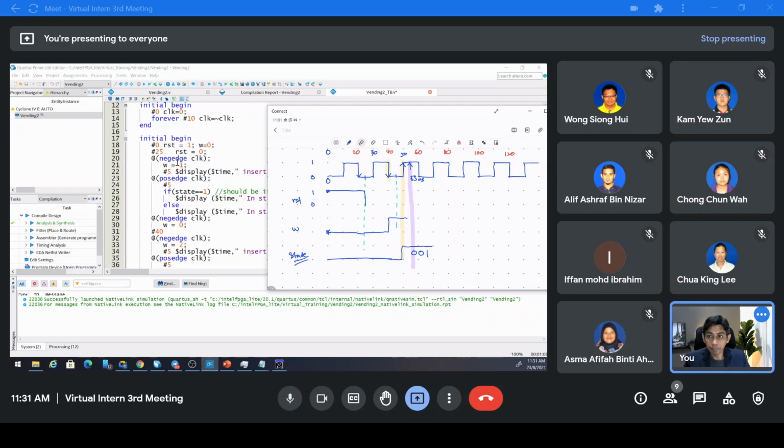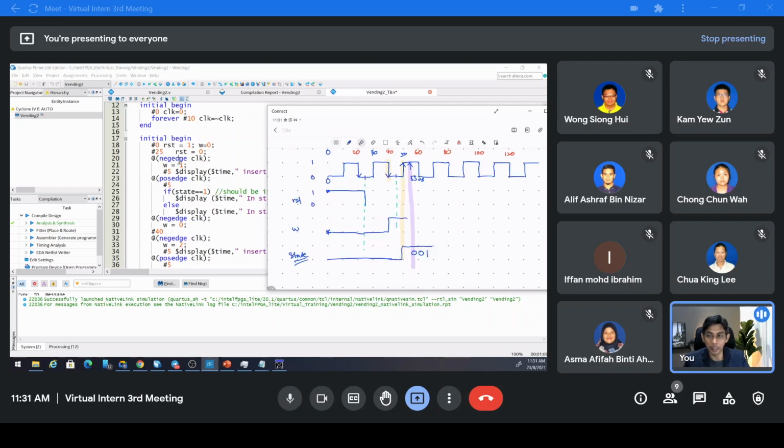Now, at the next 25 nanoseconds, I want to deactivate my reset, which means I force the reset signal to 0. So exactly at 25 nanoseconds, it will go to 0. This depends on you; you can deactivate at 20 or 30 or 35.